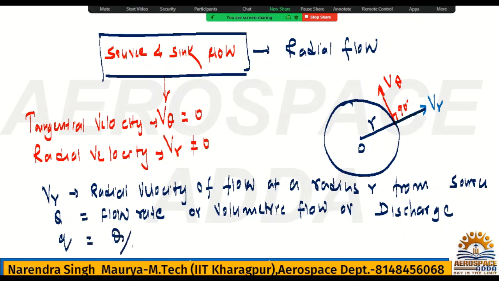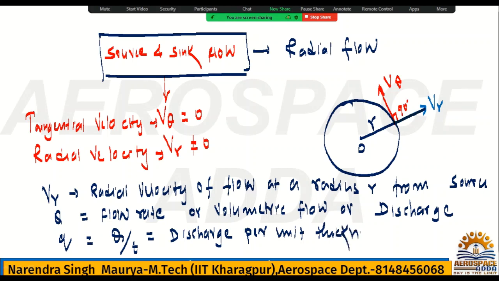Small q is nothing but Q by T, which is nothing but discharge per unit thickness. Now I explained that day. Discharge per unit thickness or depth. What is that? It is q.